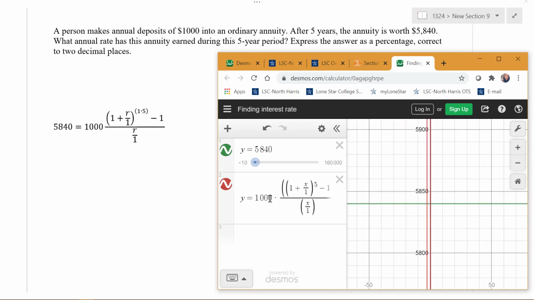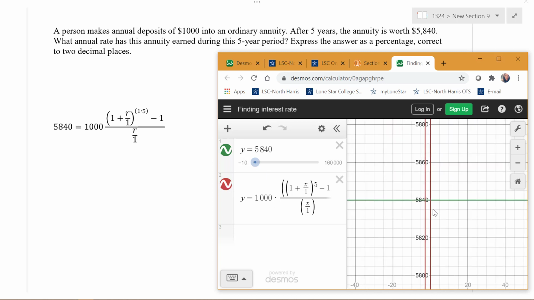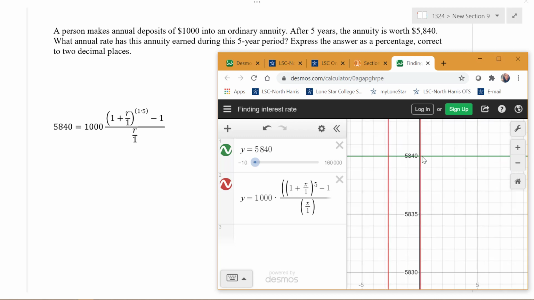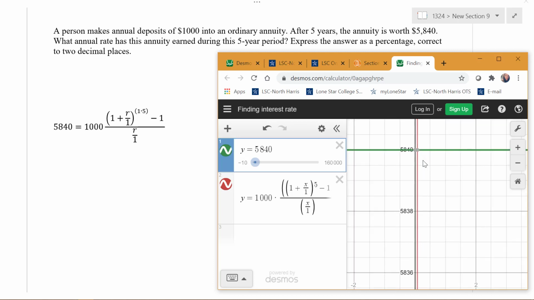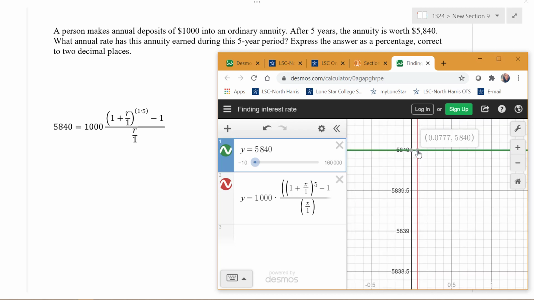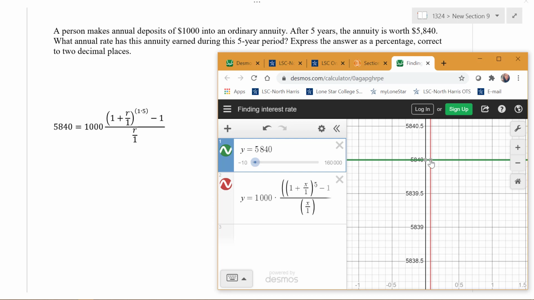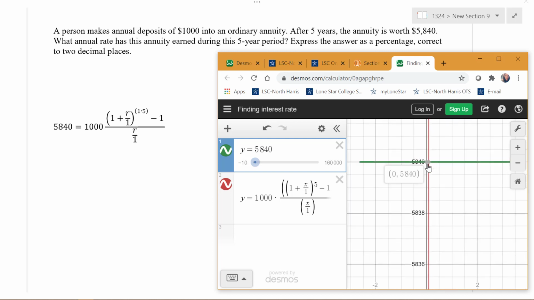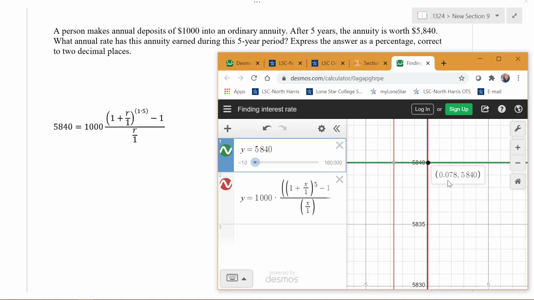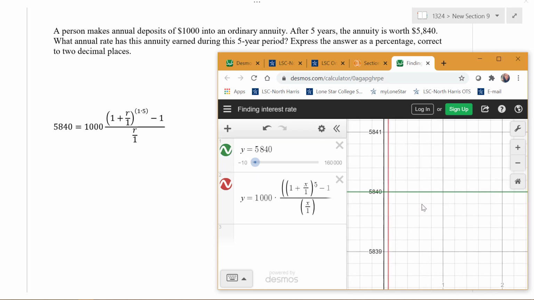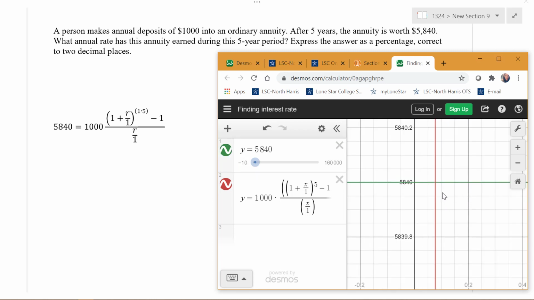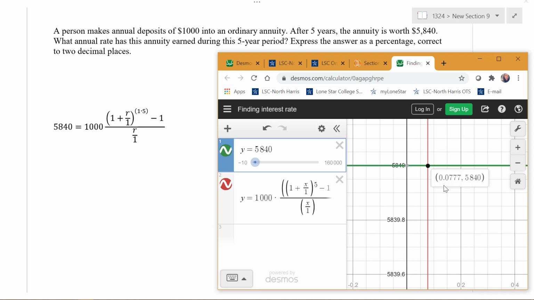And this graph is that red graph, and I'm going to look for that point of intersection, where the red graph crosses the green graph. If you zoom out too much, it won't give you all the decimal places that you want. So you look at that, it says 0.078. If you zoom in, it's a nice little feature of Desmos: it gives you more decimal places.